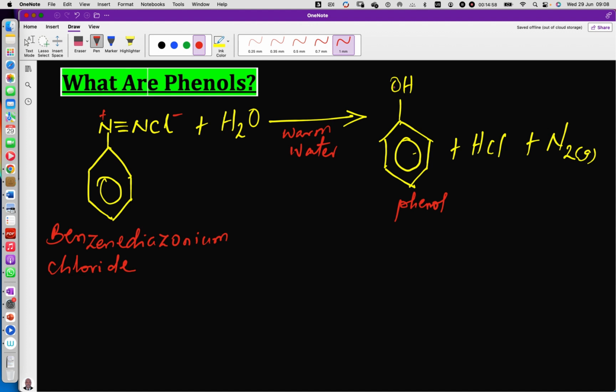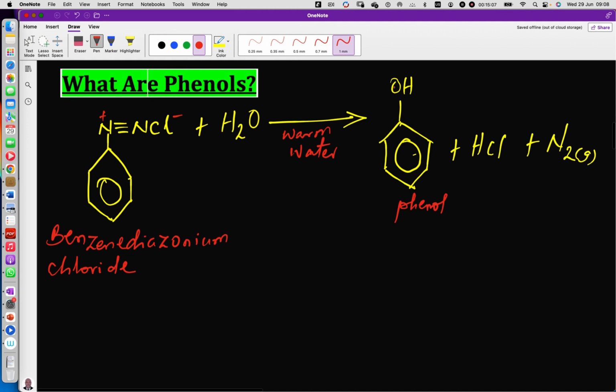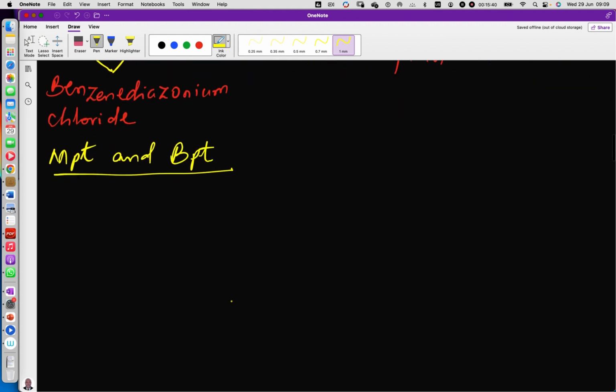Based on this, what can you deduce as the physical properties of phenol? We can deduce the melting point and boiling point of phenol.